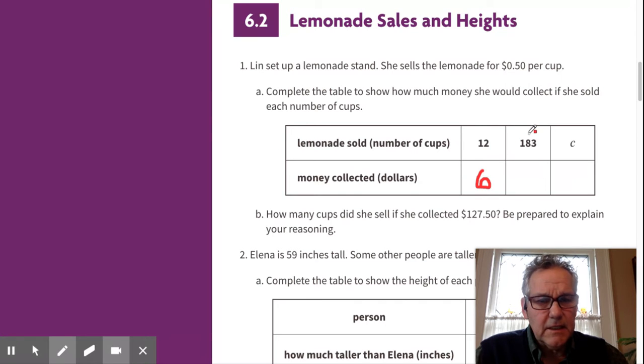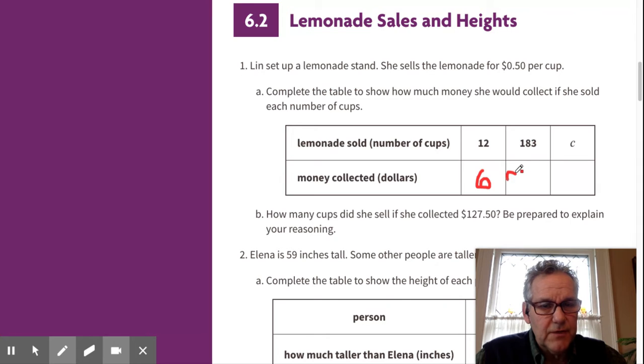And then in the next case, she has 183 cups at 50 cents a cup. Well, for every 2 cups, it's $1, correct? So that means 180 would be 90. And an additional 3 cups would be $1.50.